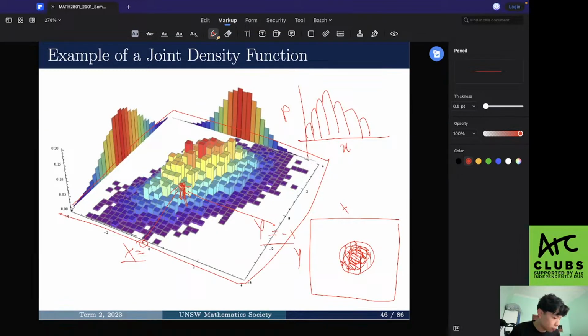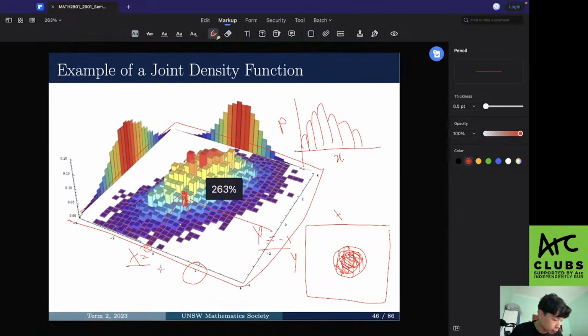Let's say that we wanted to find the probability that x was equal to 2. How do we do that? We look at every single scenario. We know that x can be equal to 2 if, for example, y is equal to minus 2. Maybe y is equal to minus 1.5, and so on.